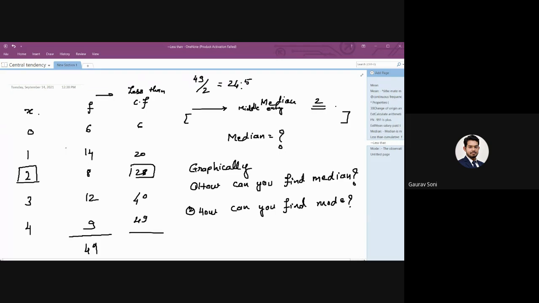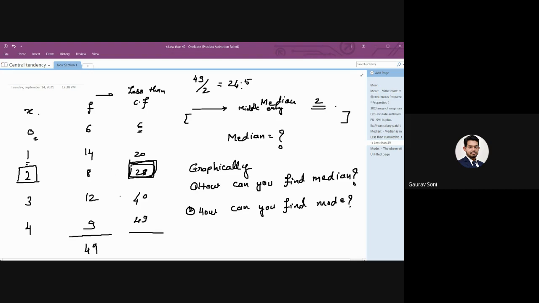When you write down the less than cumulative frequency, you're taking 0 six times, then 1 fourteen times. And when I say n by 2, this is how you are going to get it. So it is just the extension of your basic definition.